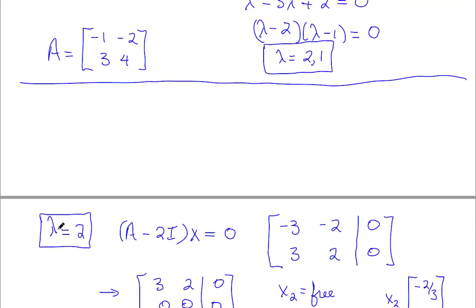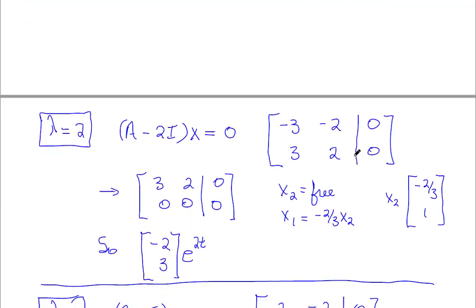All right, so with lambda equals 2, I need to find A minus 2I. So I'm subtracting 2 from each of the diagonal elements. Well, this is really pretty easy. I can just add them together, get a whole row of zeros.